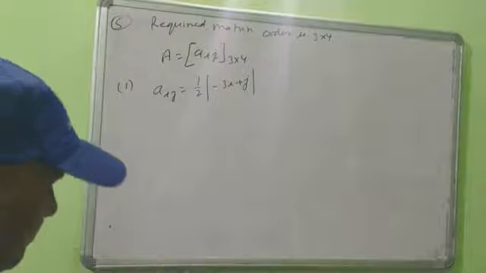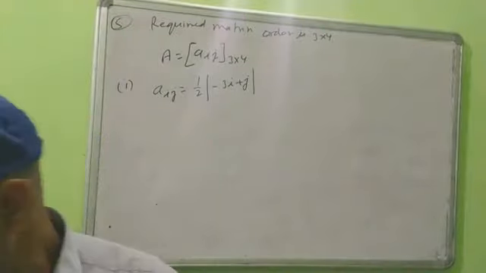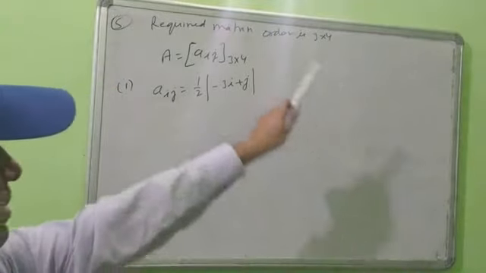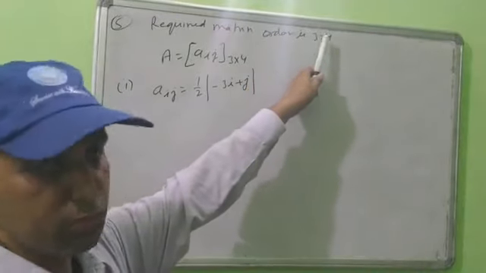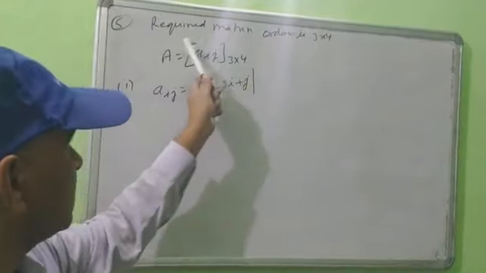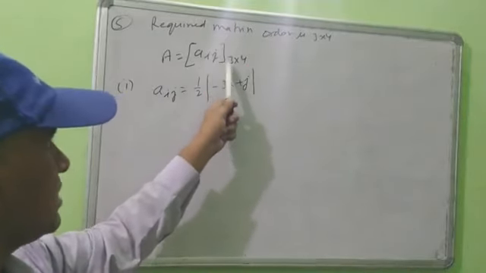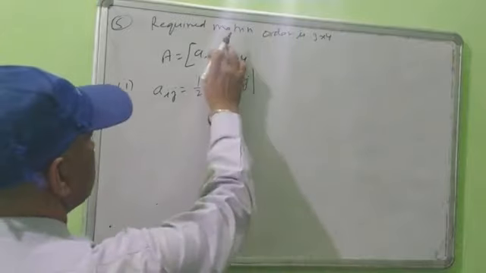Now look here. The required matrix is of order 3 into 4, and this is the symbolic form, Aij, with i and j as subscripts.